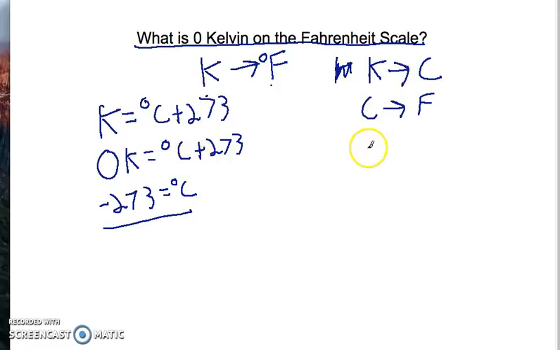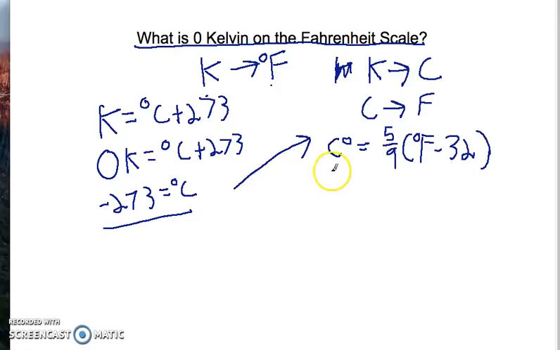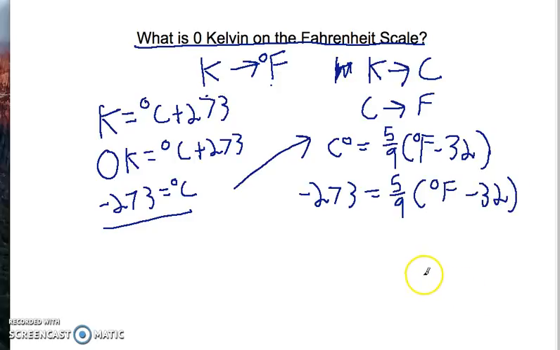Now we want that in Fahrenheit. So we're going to use the Celsius to Fahrenheit equation. That's degrees C is equal to 5 divided by 9 times degrees Fahrenheit minus 32. We plug in what we know for Celsius. Negative 273 is equal to 5/9 degrees F minus 32.